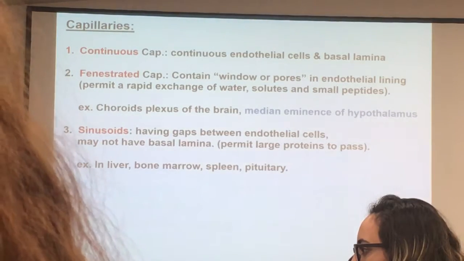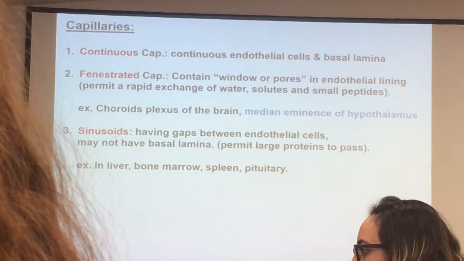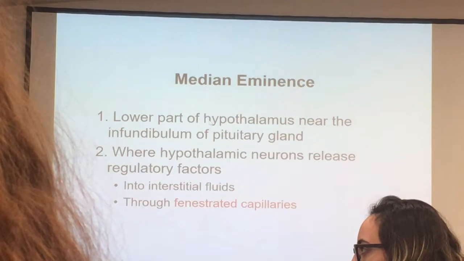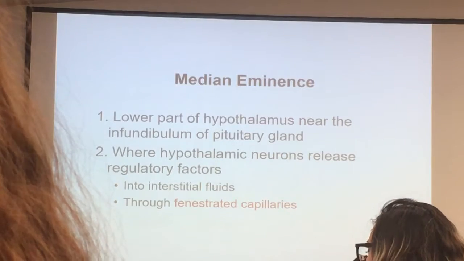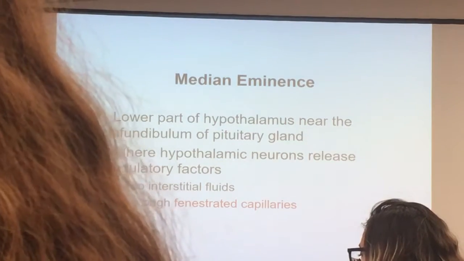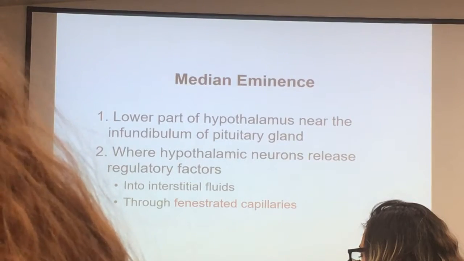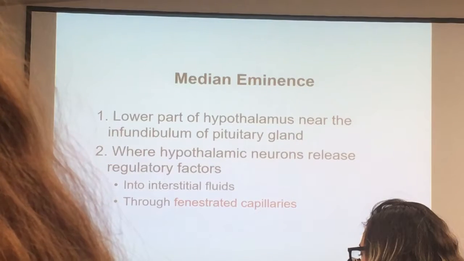And you only need to know these fenestrated and sinusoid special cases. For example, in chapter 18, I gave you this slide, the median eminence in the lowest part of the hypothalamus. It's part of the hypothalamus, and it's the place releasing hormones or inhibiting hormones like GnRH or GHIH.